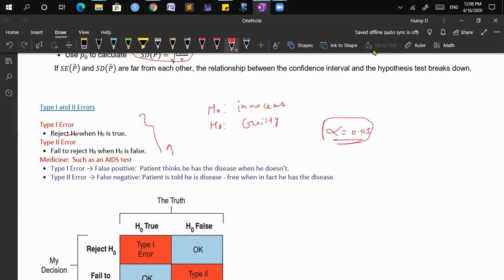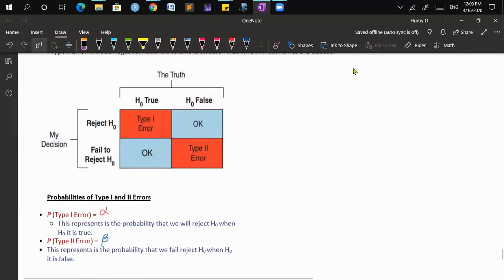The probability of type 1 error is alpha. The alpha that we use is the probability of us making a type 1 error. The probability of the second type is given by beta. But this beta is not something easy to calculate, so we don't deal with that one. But usually, the idea is to keep them somehow balanced, okay?